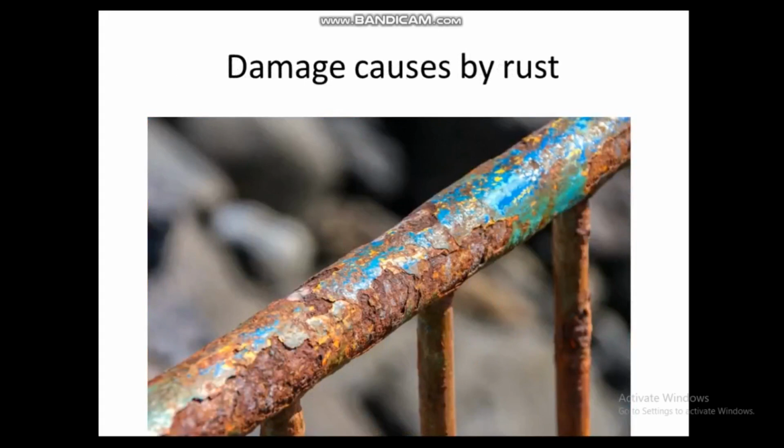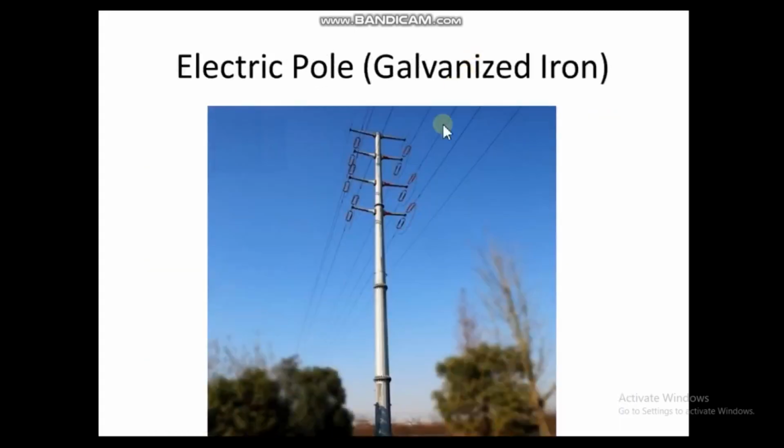Some temporary methods are there, like if we paint the object, then it can be prevented from rusting for a few years. And permanently, how can we do it? You have probably seen some poles, and these poles are of iron, but a little different iron.